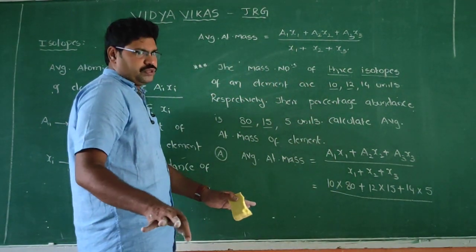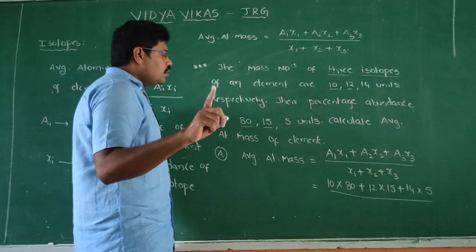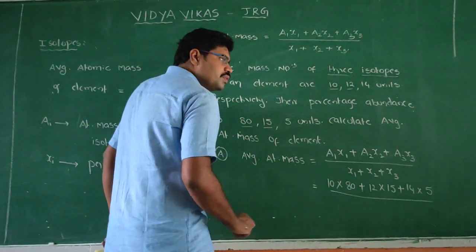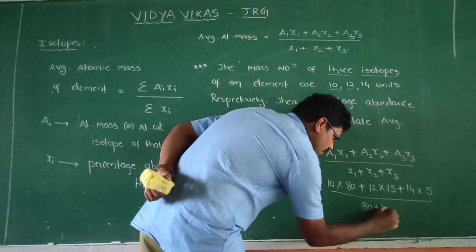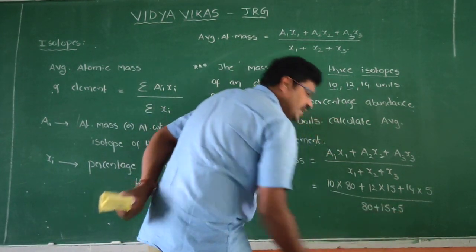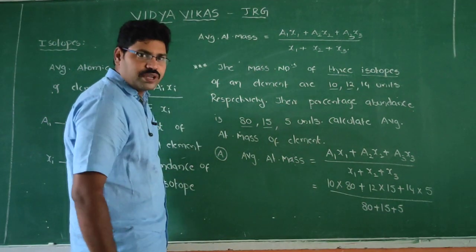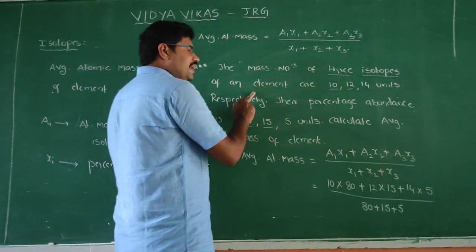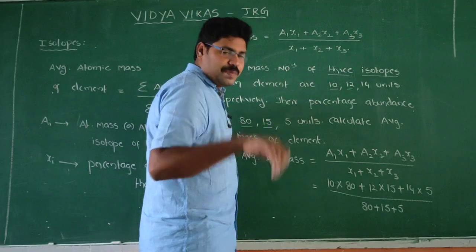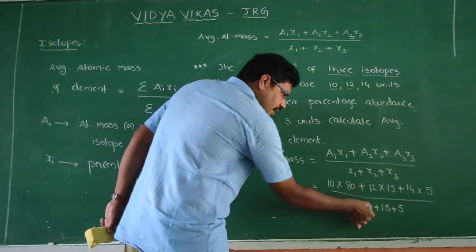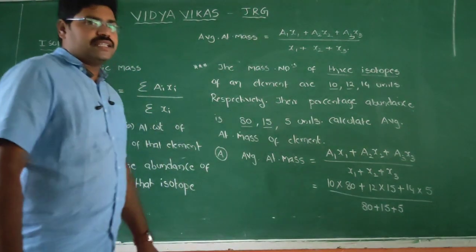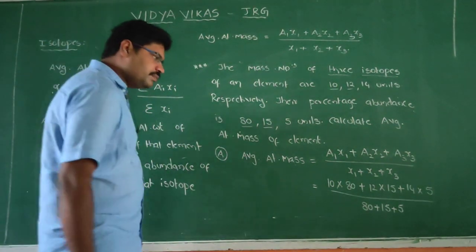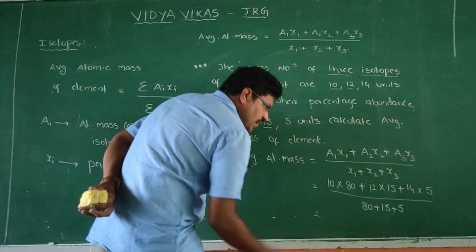Total abundance. Students, once again I recall, if we sum 80 plus 15 plus 5, we get ultimately 100%, because the percentages are already calculated out of 100. So here we directly consider the total percentage abundance as 100.